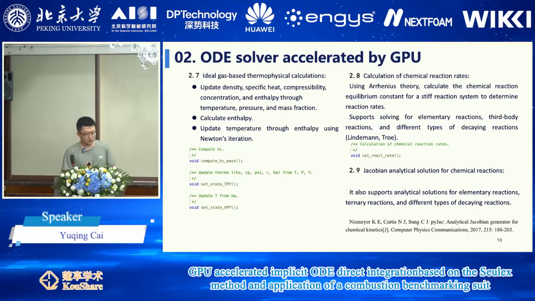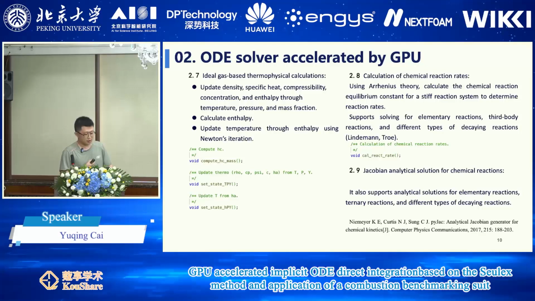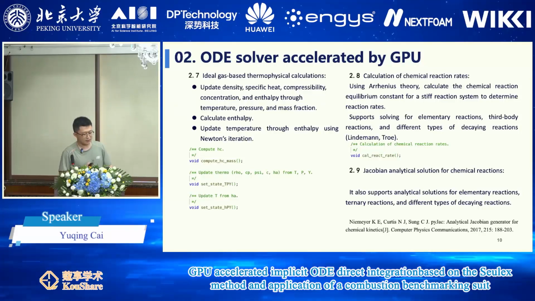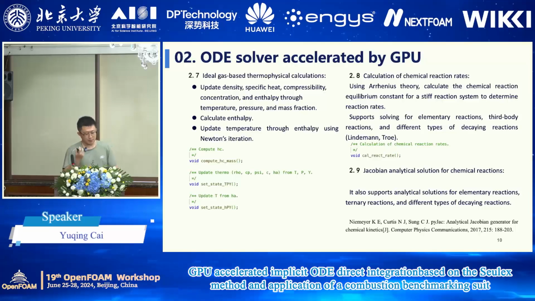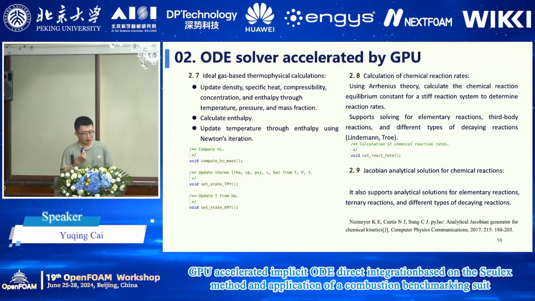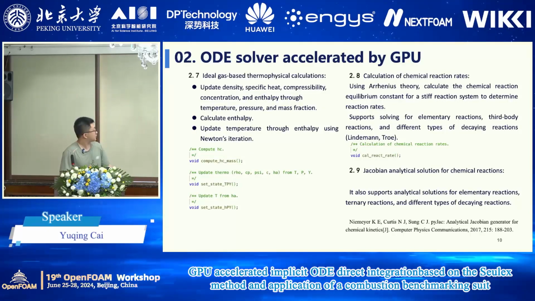Well, it should be noted that the temperature often cannot be obtained directly from the CFD simulation because we often use the internal energy or the enthalpy as a variable of the energy equation in CFD simulation. So we update the temperature through the enthalpy using Newton iteration.